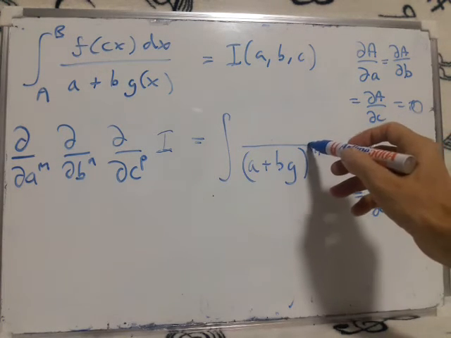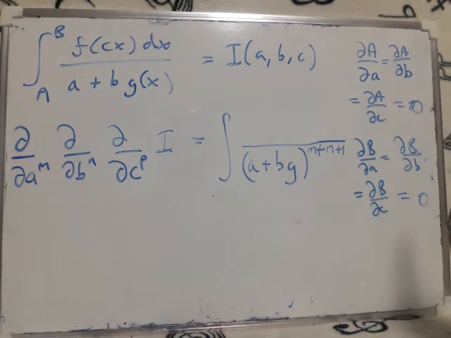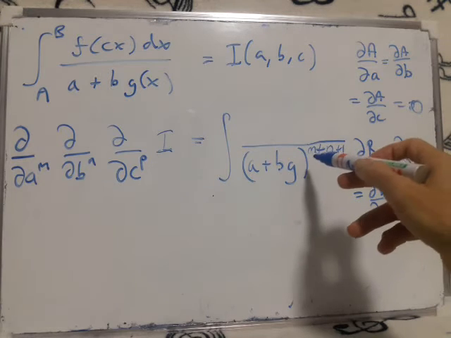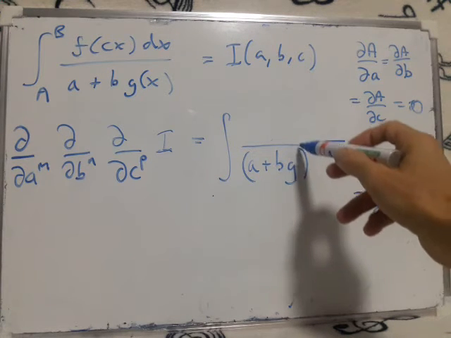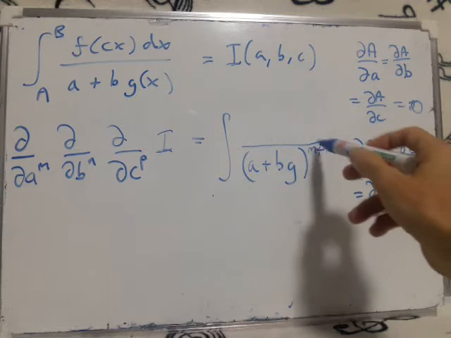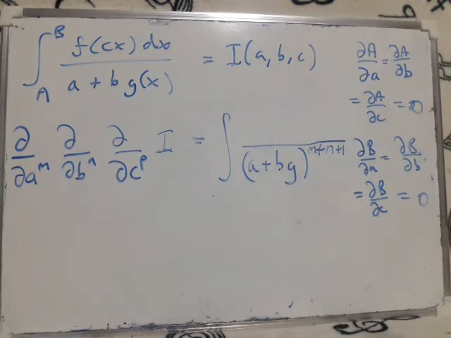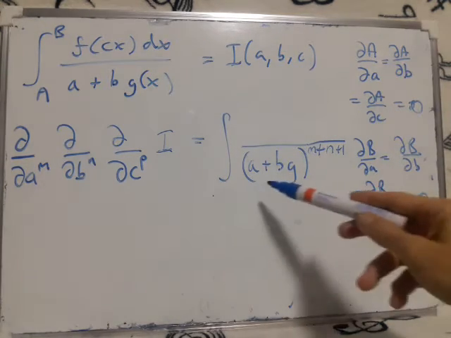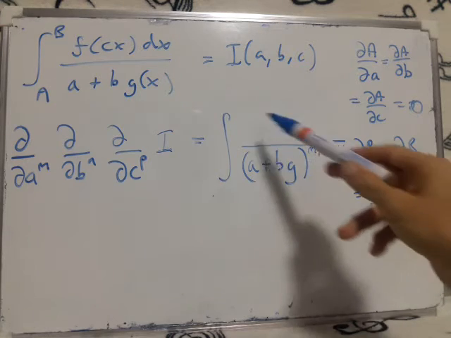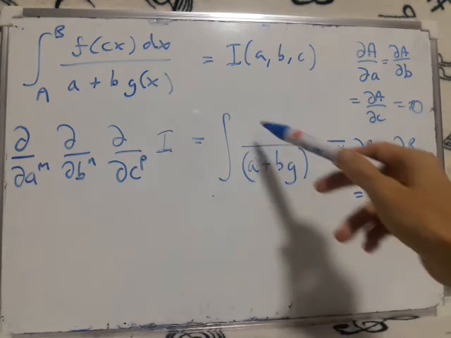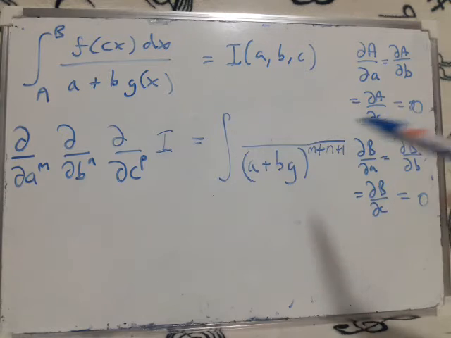Now, we also have to worry about the fact that every time we differentiate, whatever the existing power is, we bring it up to the top. So if we have something to the power 2, then we get a factor of 2. If we have something to the power 3, we get a factor 3 on the top.